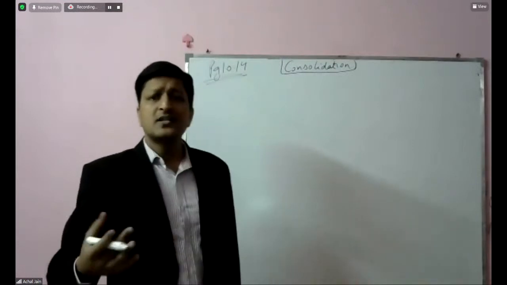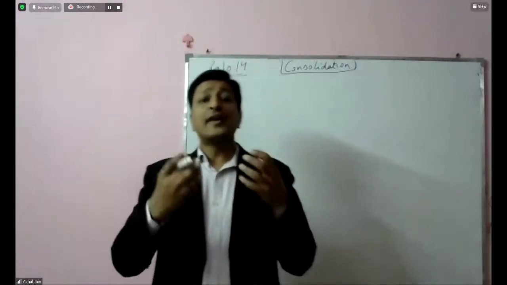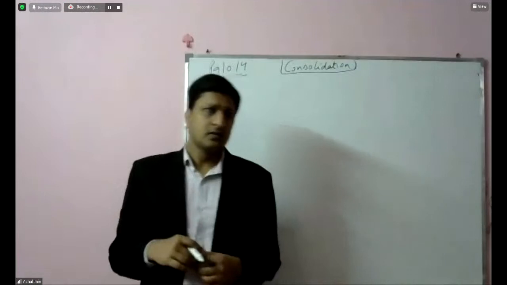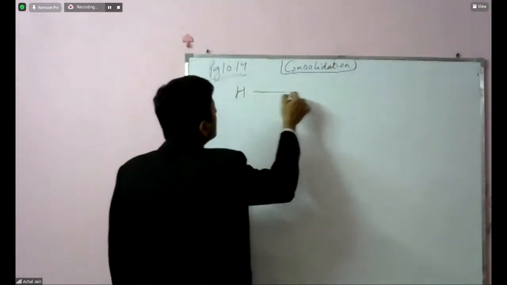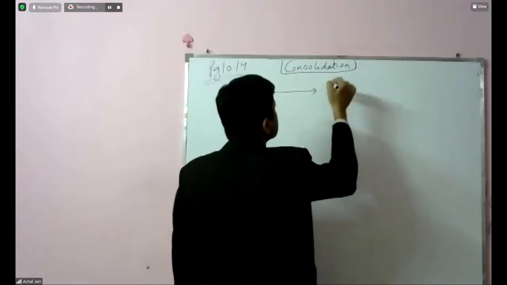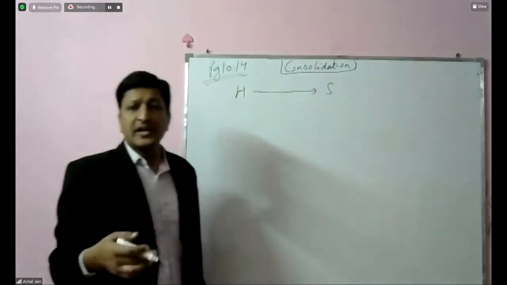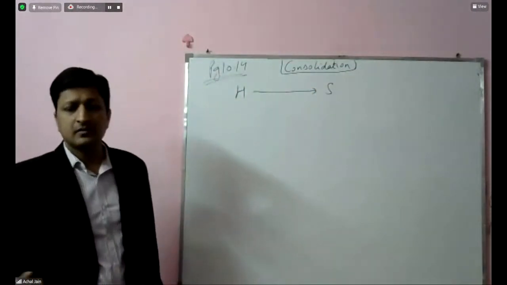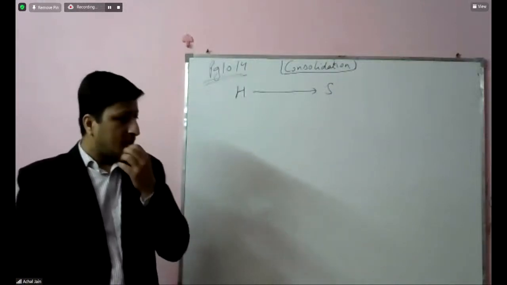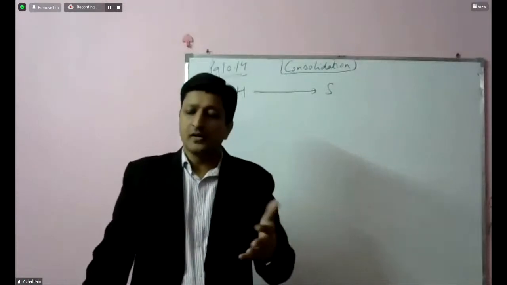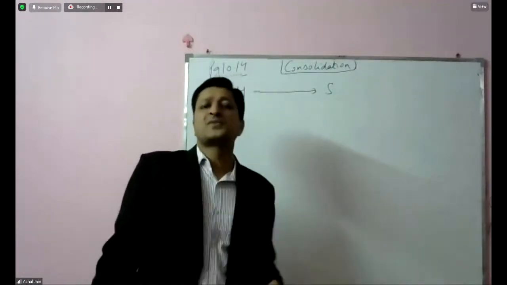So let's now understand, how do we get a subsidiary? Say H acquires S. Definitely H will have to acquire S, or the other way will be that S is incorporated. So what are the two ways of getting a subsidiary?